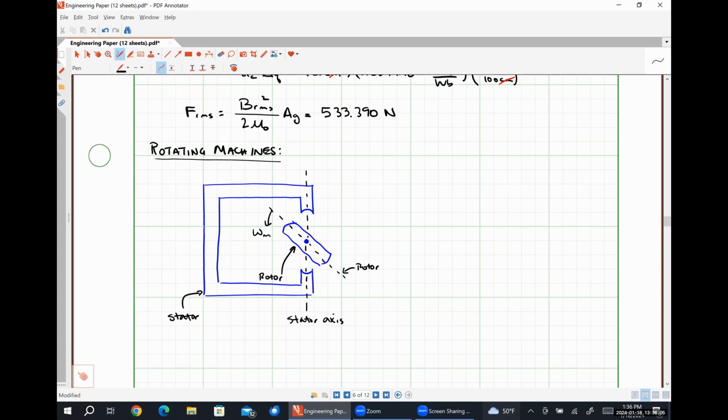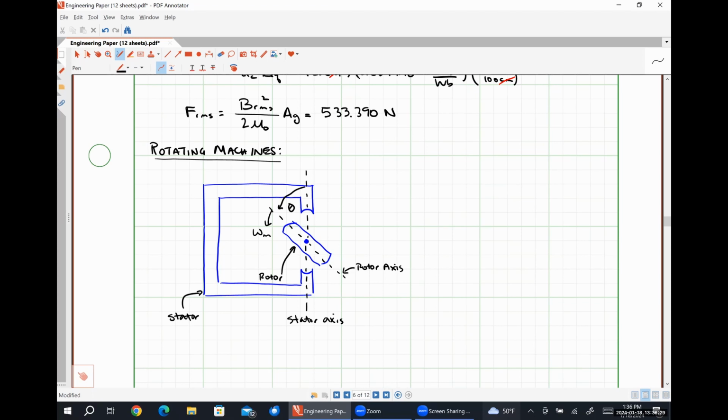And then we're going to define our angle theta as the difference between our stator axis and our rotor axis. So theta is constantly changing as our rotor spins.